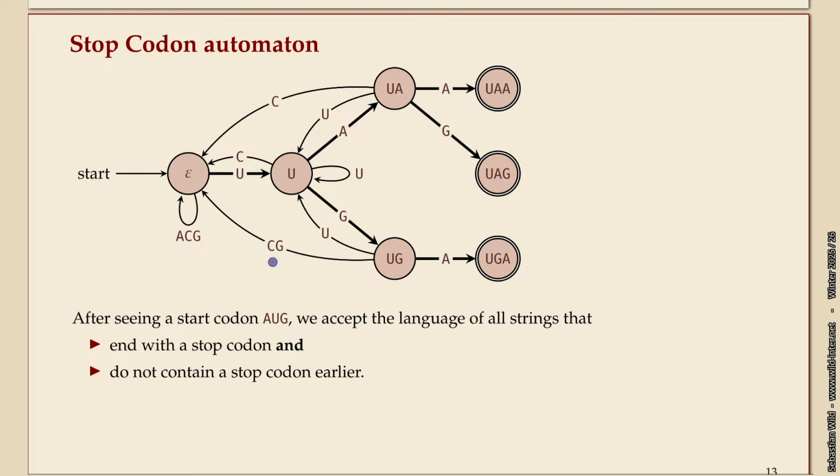Yeah, so what I mean by this slightly sloppy shorthand notation is any of these letters. The automaton always reads a single letter. And here C and G do the same thing. They both go back to the start state, same as here. Anything that's not a U keeps you in this initial state. Yeah, that's a good point.